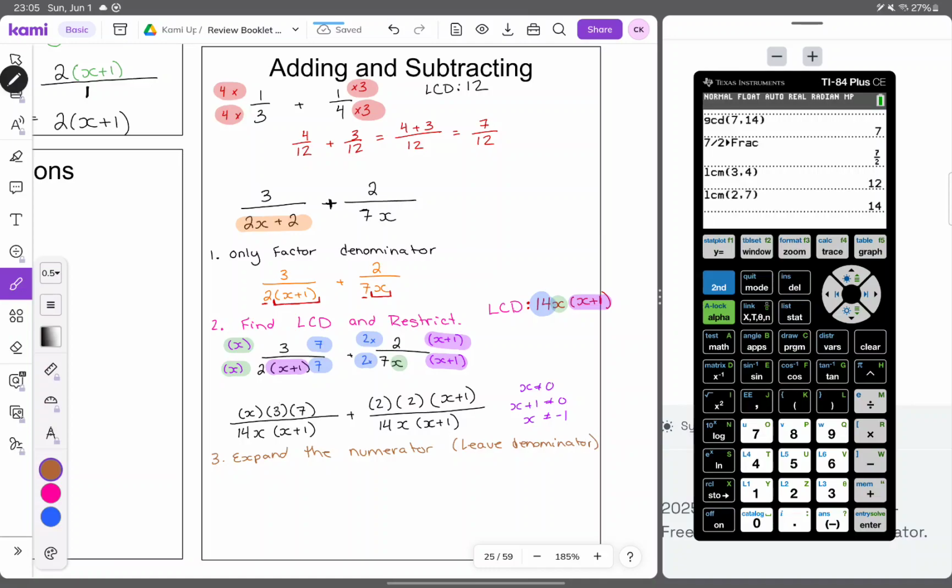So this one, I can go 3 times 7 is 21. So we're going to have 21x plus, well, 2 times 2 is 4. We're going to distribute that 4 into here. So we're going to have 4x plus 4. And now we're just going to have one copy of the denominator. And our final step is you're going to group like terms.